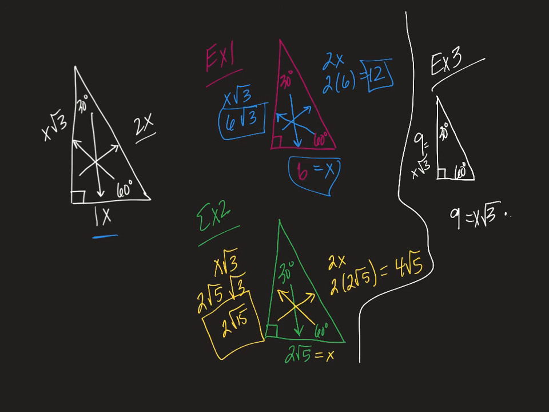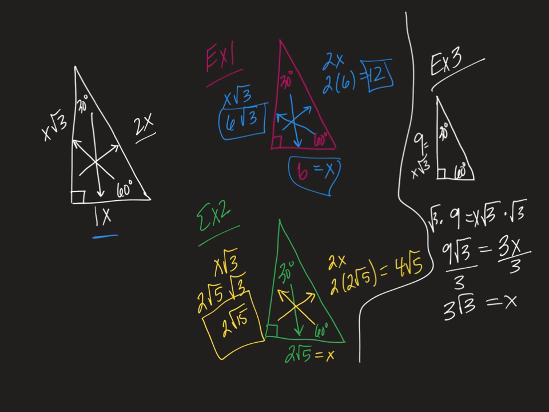So I'm going to multiply by radical 3 on both sides. On the left, it gives me 9 radical 3. And on the right, it's going to give me just a plain old 3x, because radical 3 times radical 3 is just plain old 3. Now I divide both sides by 3, and that gives me that 3 radical 3 is equal to my x.